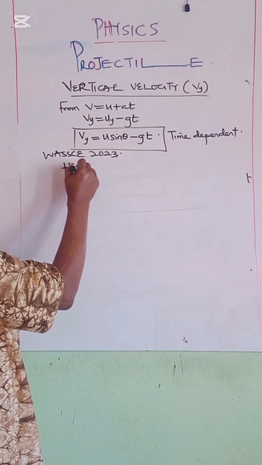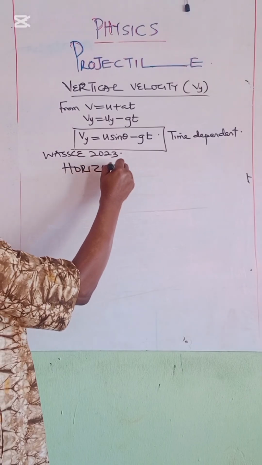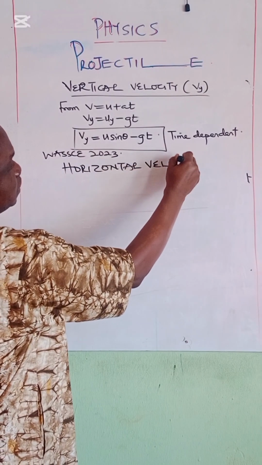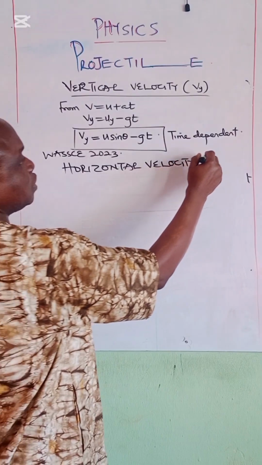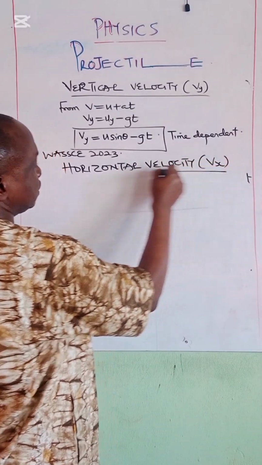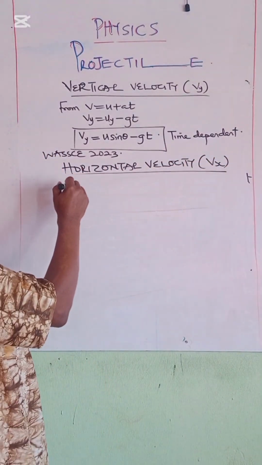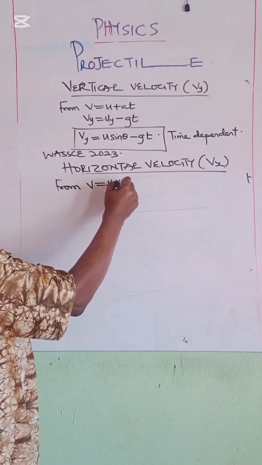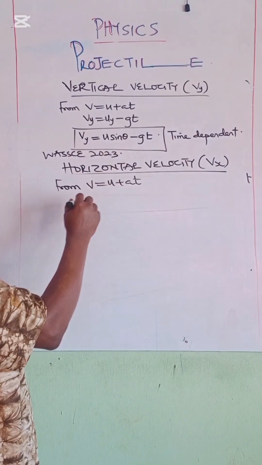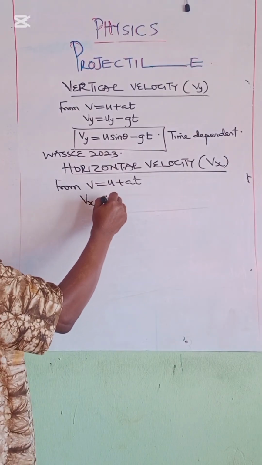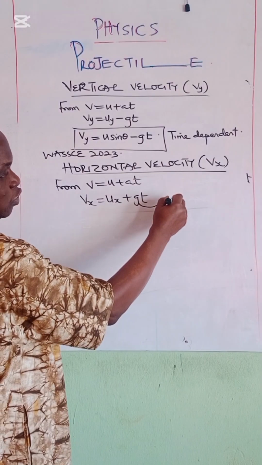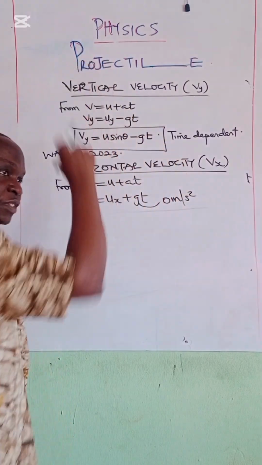While for horizontal, let's see the horizontal component. The horizontal component of final velocity we call Vx. The same thing will happen. From v = u + at, while we are dealing with the horizontal, it will be Vx = ux + gt. But g for horizontal is 0 m/s². We've said that.